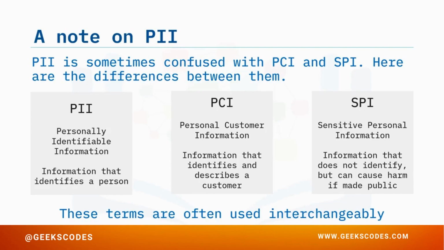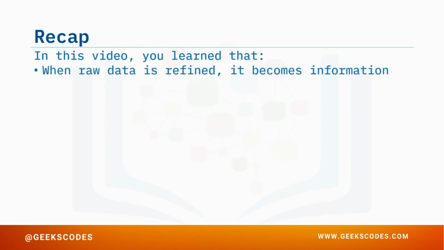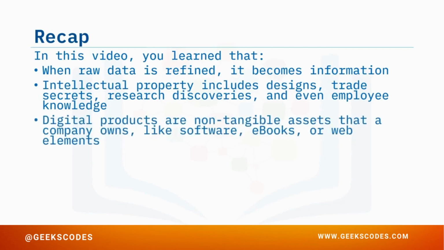In this video, you learned that when raw data is refined, it becomes information. Intellectual property, or IP, includes designs, trade secrets, research discoveries, and even employee knowledge. Digital products are non-tangible assets that a company owns, like software, ebooks, or web elements.